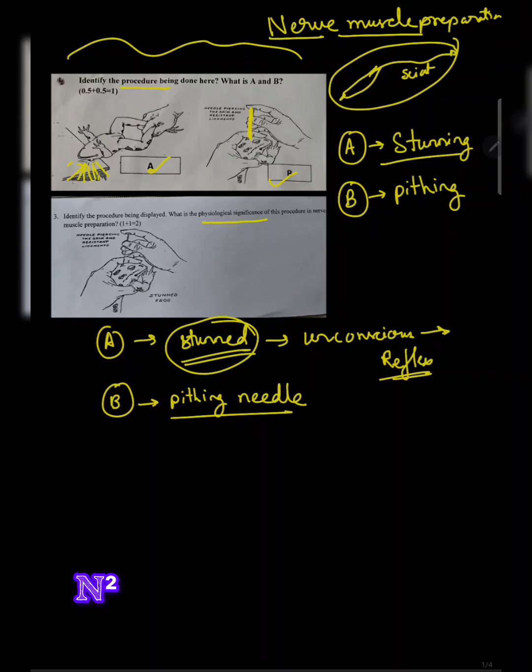We take a stunned frog from A, and we grab hold of the anterior part of the head and flex it with one hand, in such a manner that the head is completely flexed towards the ventral part of the body. Then a triangular shaped depression becomes visible somewhere around the midline of the head.